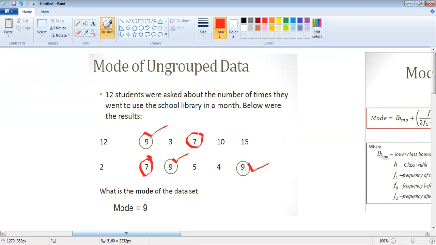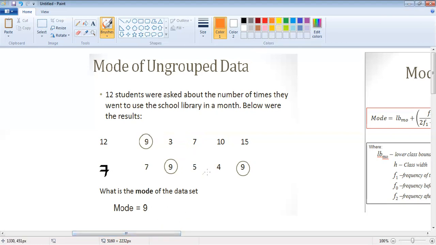Okay. So in a case that, let's say, I will just try to change this to 7. So I will try to change it with the data 7. In this case, we actually have 2 modes.